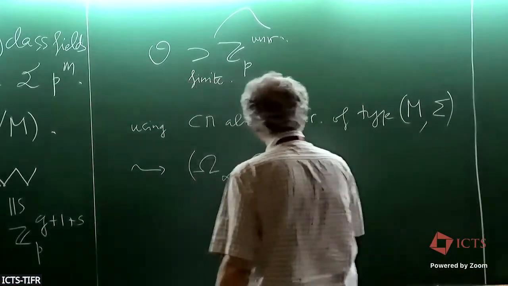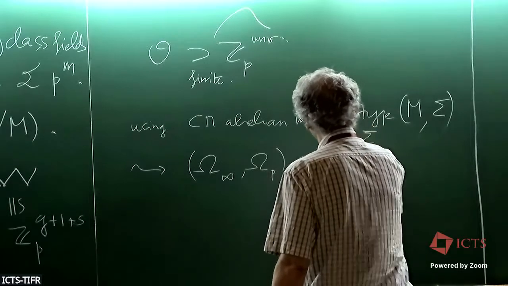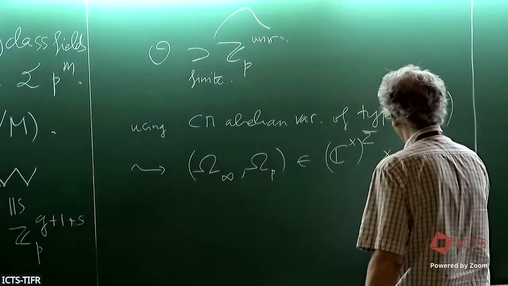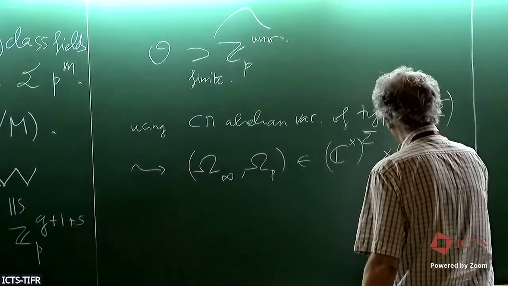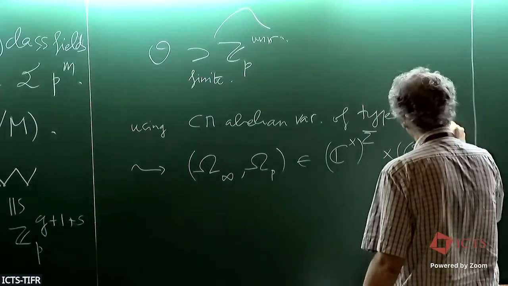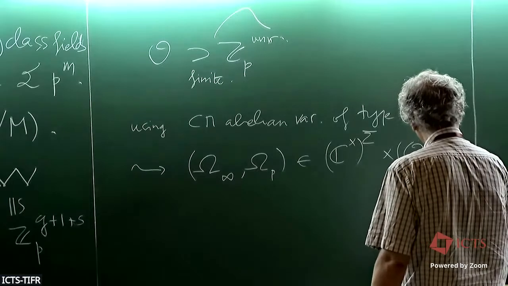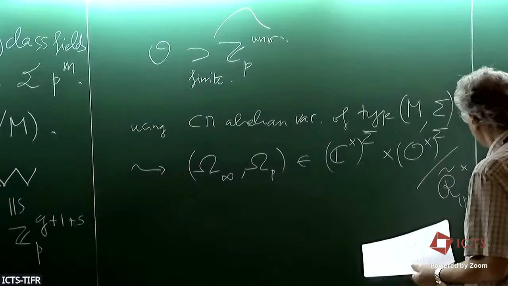So this pair belongs to C cross to the Sigma times O cross to the Sigma divided by R tilde cross, R tilde maybe localized at p.